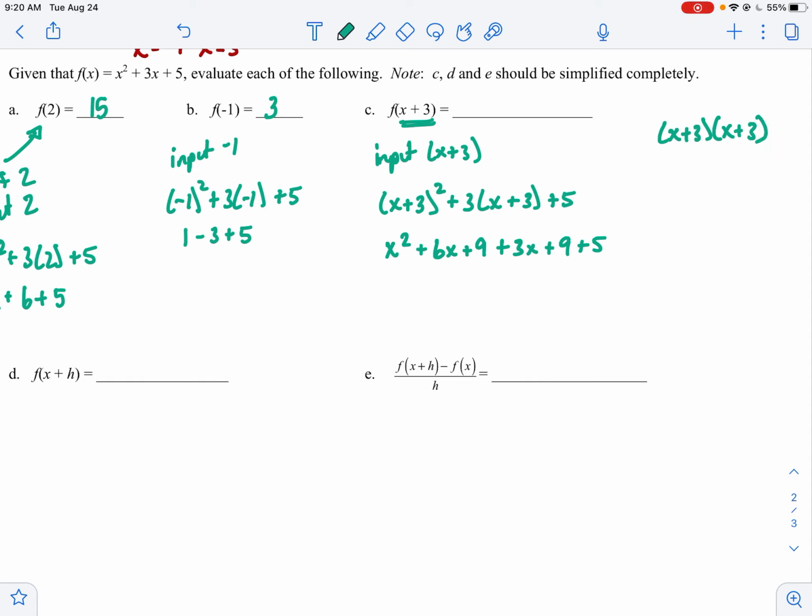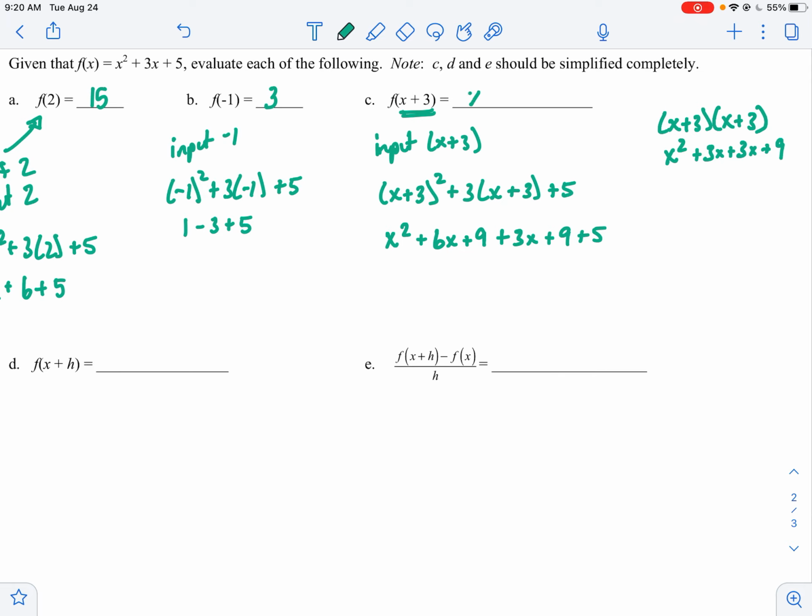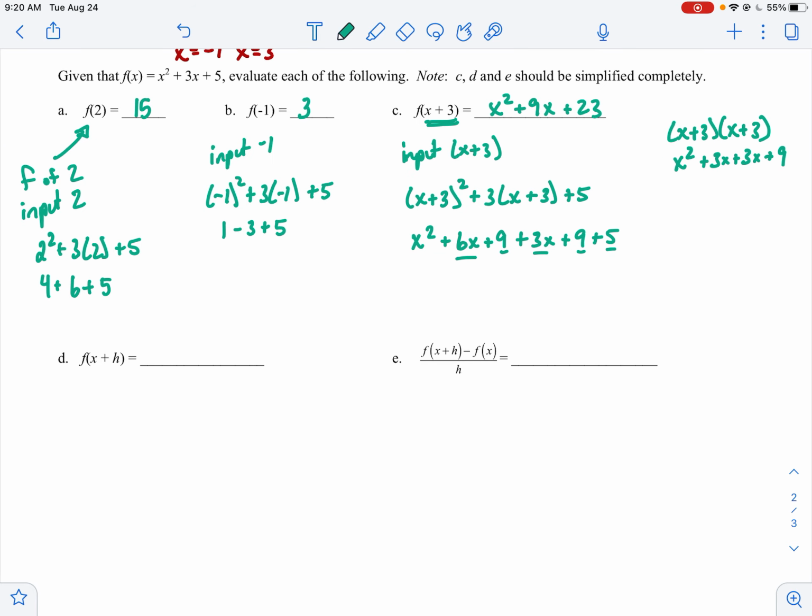So foiling that out, multiplying that out, x squared plus 3x plus 3x plus 9, right? That's where I got this, okay? Common mistake. And then we could just combine like terms. So what do we get? x squared, 6x and 3x is 9x's. And then 18 plus 5, so plus 23. So that's what the function is when I replace x with x plus 3.